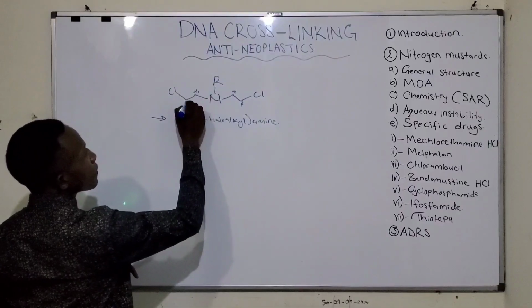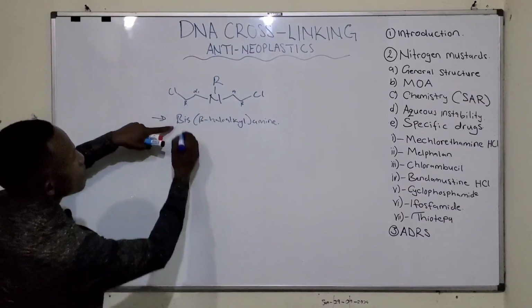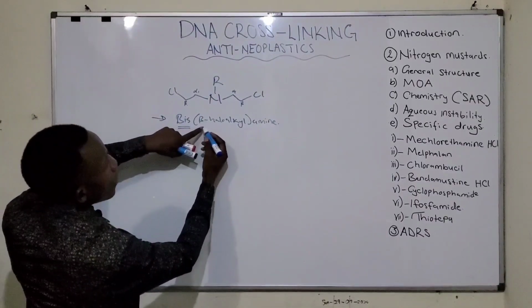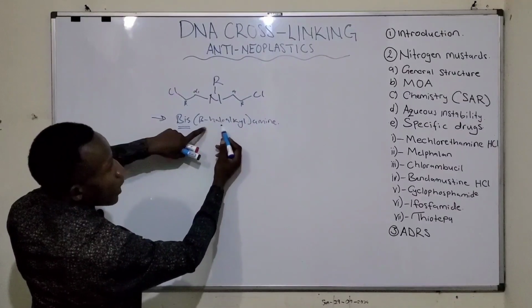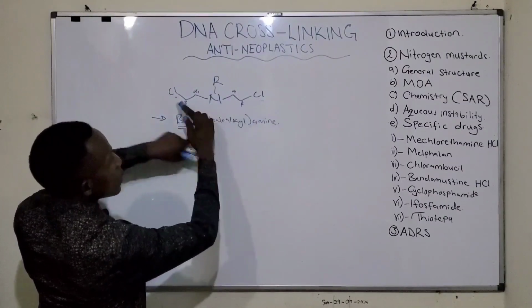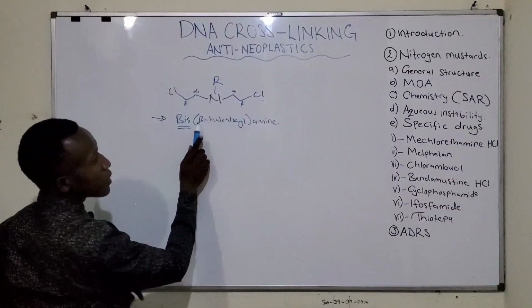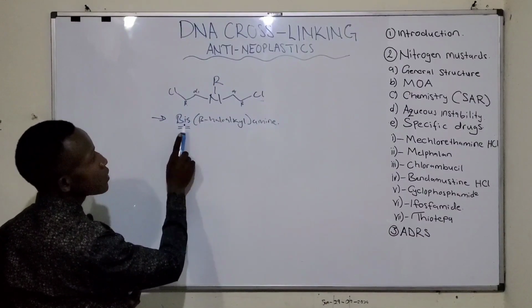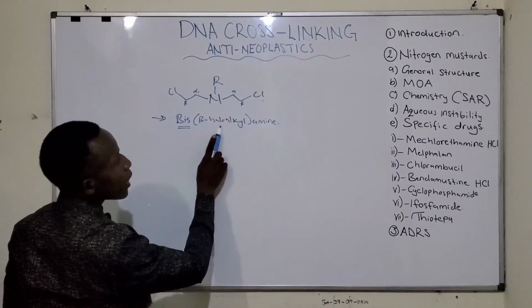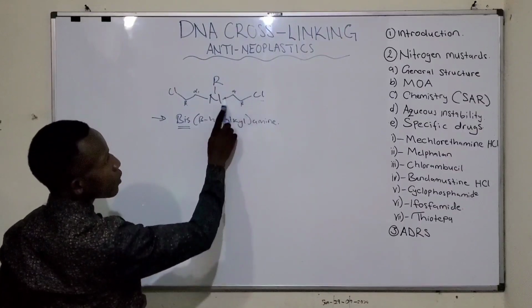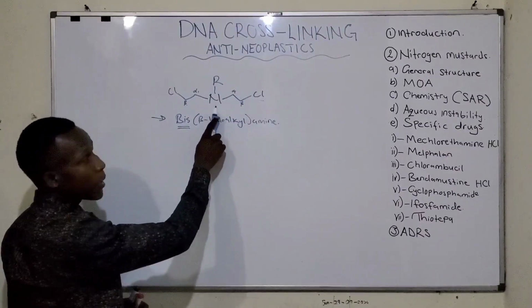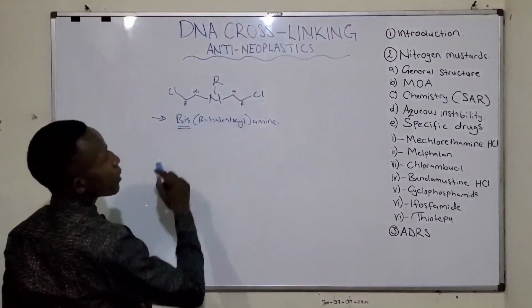At the beta carbon, we have the halogen, this chlorine and this chlorine. The two chloride atoms are at the beta carbon, so it is beta haloalkylamine. This is the alkyl group, and this is the amine group. So this is the pharmacophore.